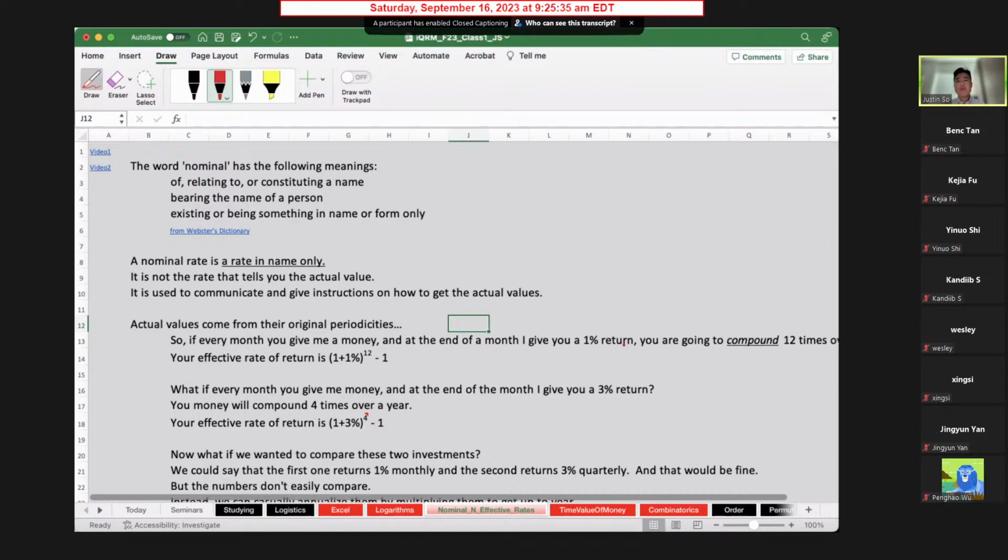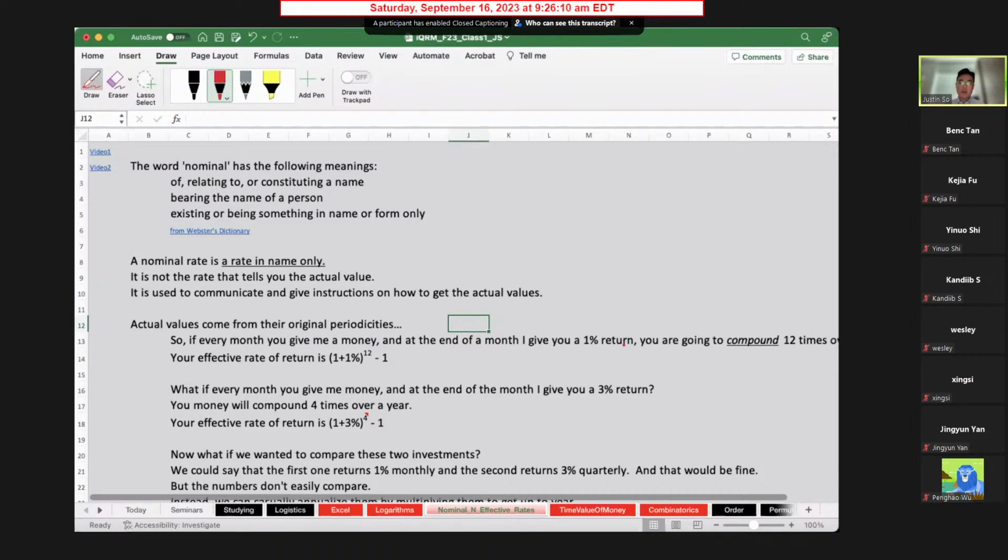That's going to happen 12 times for the year, right? Because there's 12 months. So at the end of the year, the amount of interest you earned is not just 12%, because it's more than that. If, for example, the interest was paid only once at the end of the year with 12%, let's say $100 of investment, you're going to get $12.